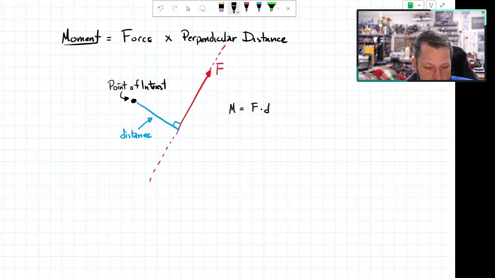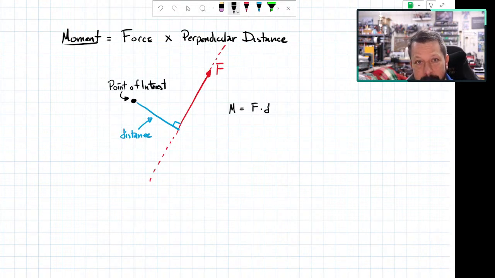Now this does one thing though. Moments don't exist when we have concurrent force systems, because all the lines of action are converging at a point. So if my line of action actually goes through my point of interest, then the distance between the line of action and the point is 0. So I go to do moment equals force times distance.